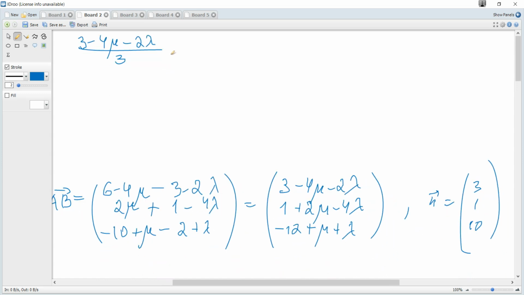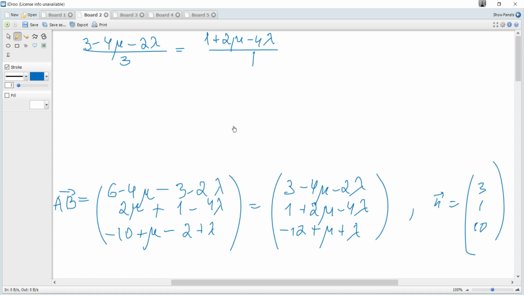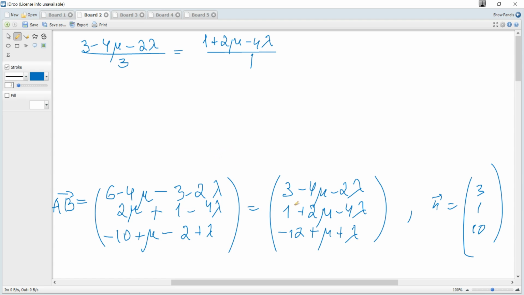So we can write that 3 minus 4 mu minus 2 lambda over 3 should be equal to, x over x, y over y, 1 plus 2 mu minus 4 lambda over 1. And you can see that since there are 2 unknown variables, we need another equation.